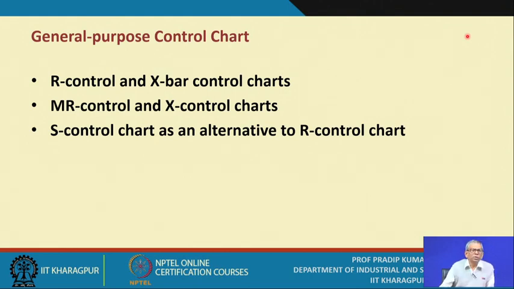And the last one I have mentioned is the S control chart as an alternative to the R control chart. S stands for the standard deviation control chart. Is it okay? Now, as I have already pointed out, if you measure dispersion with range, it's not that accurate.